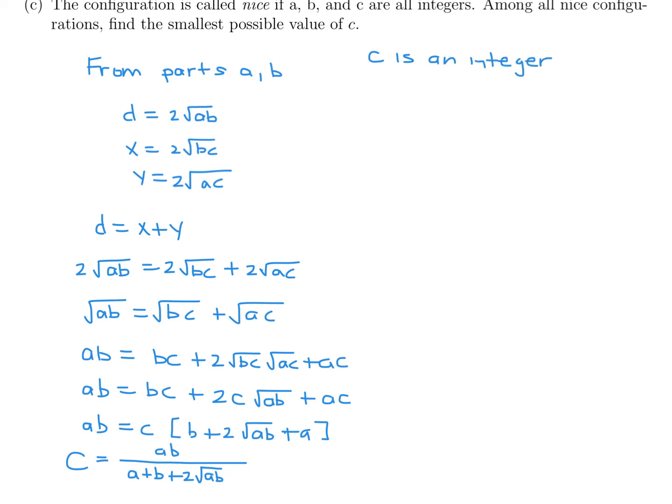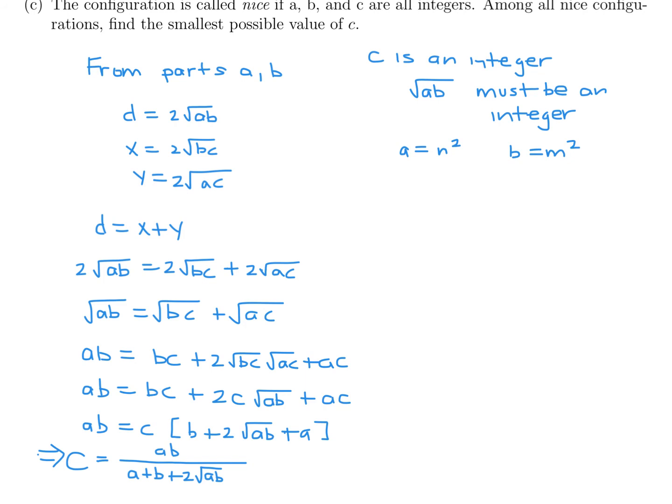So since c is an integer, we have to make sure that everything is an integer. Okay, but the only way that's going to be an integer, if you look here, is if this root ab in the denominator is an integer, because everything else is fine. A and b are integers, but this guy is the one that we have to really concentrate on. A times b under the square root sign must be an integer. So that basically means that both a and b have to be perfect squares. So we'll let a equal n squared and b equal m squared.